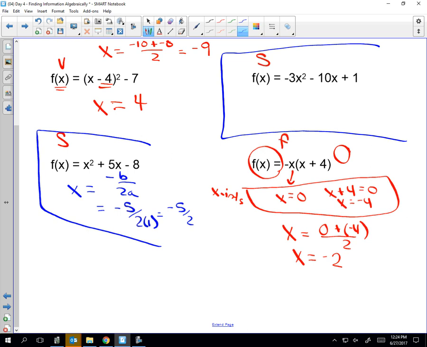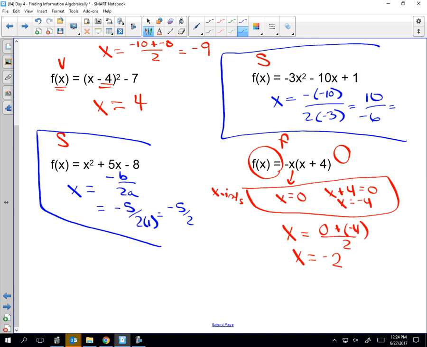So now, our next axis of symmetry up here, okay, x equals minus b, so we have minus a negative 10 over 2 times our a value, minus 3. So we've got two negatives on top. It becomes a positive 10. We have a negative 6 on the bottom, and then we want to simplify whenever possible.